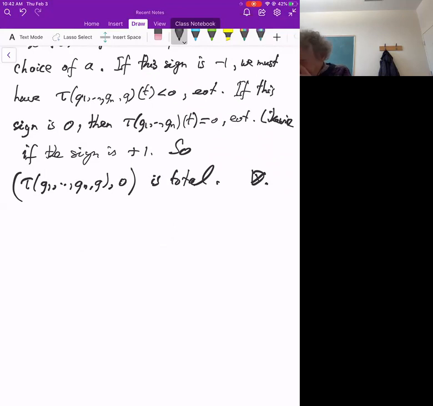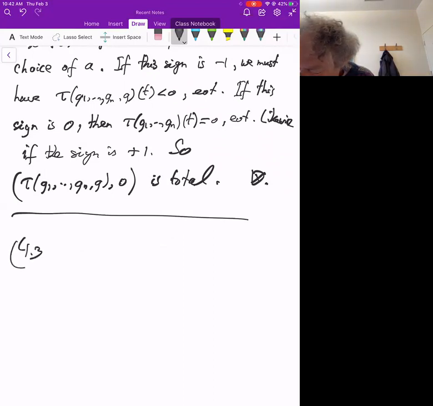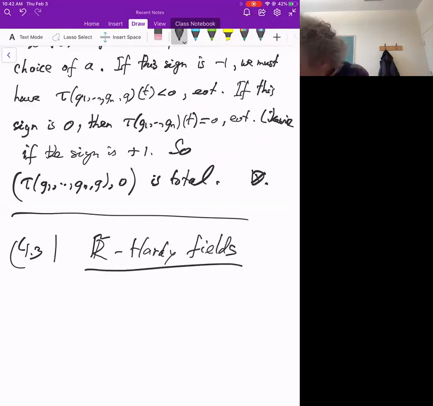Okay, so now we can start with R tilde Hardy fields. 4.3. First of all, let me say what an R tilde Hardy domain is.